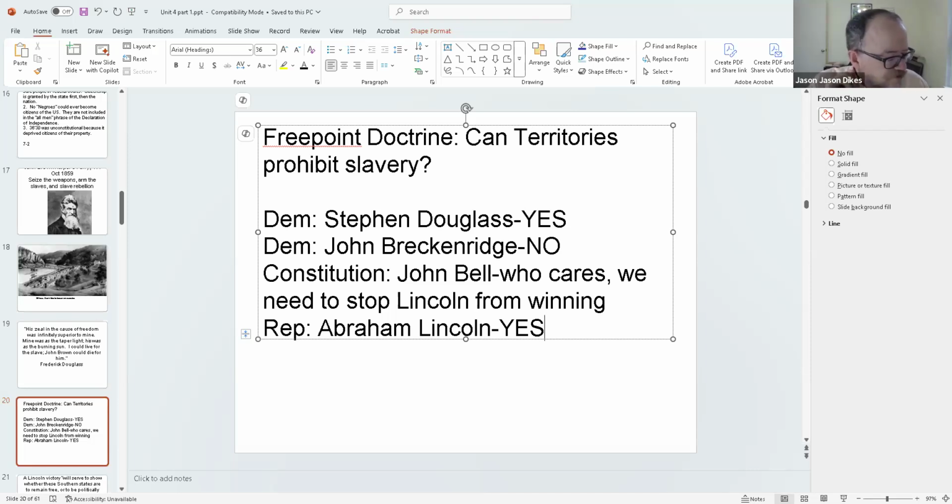Lincoln had many advantages. He had not held office since 1848, so he had no voting record to follow him. And if you think, well, a voting record, how can that haunt you? Well, you might ask Hillary Clinton how her vote on the Iraq War was a hindrance to her in 2008.